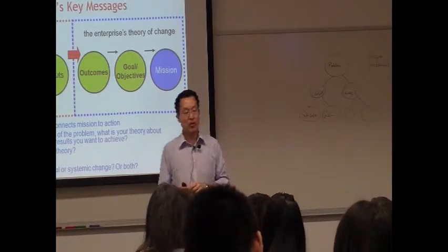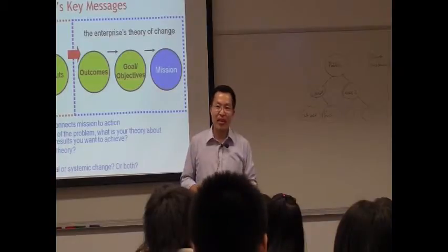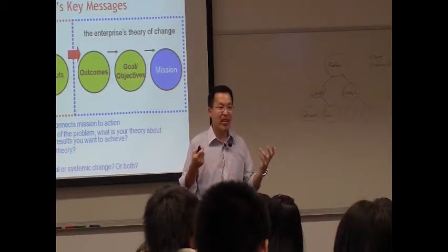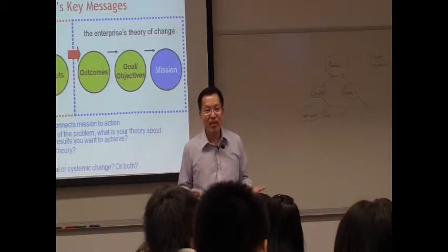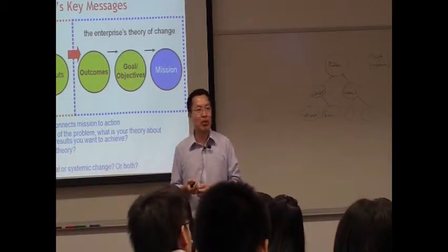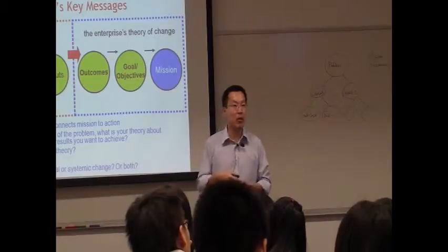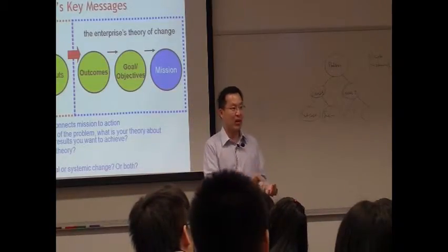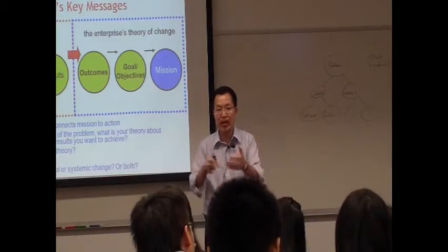But it's very tricky because some of the outcomes may not be only derived from your social business. Because some outcomes may be because a lot of improvement through the government policy or other companies' effort or other commercial elements that add together.